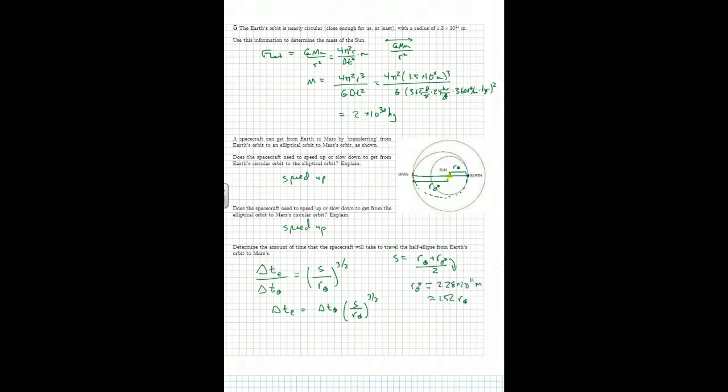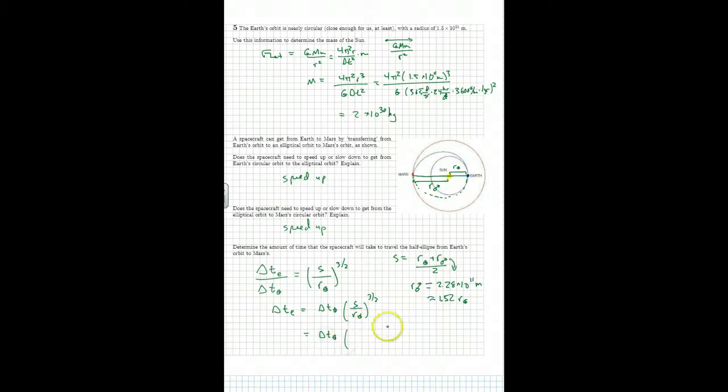So I looked that up, and I figured out that it was about 1.52 times the Earth's orbital radius. And so actually, instead of having to deal with a bunch of scientific notation in my calculator, I'm going to just use that information.